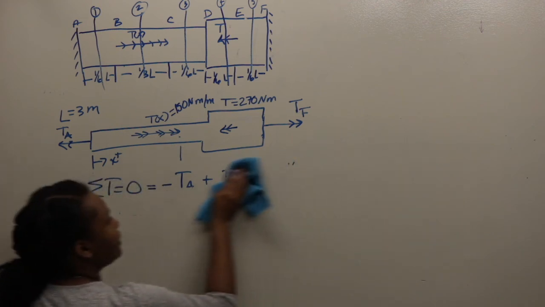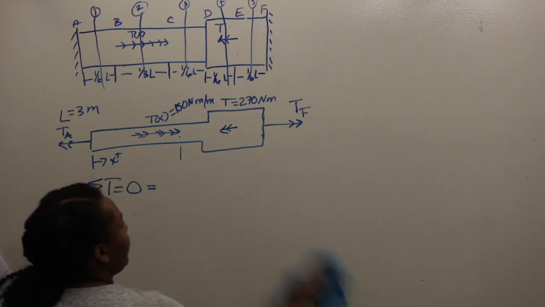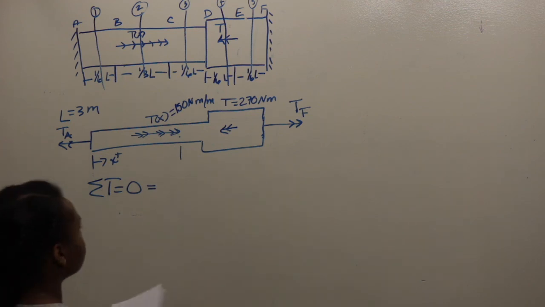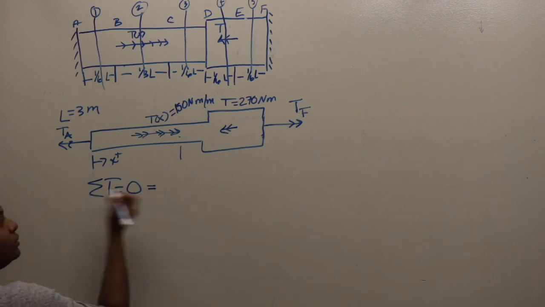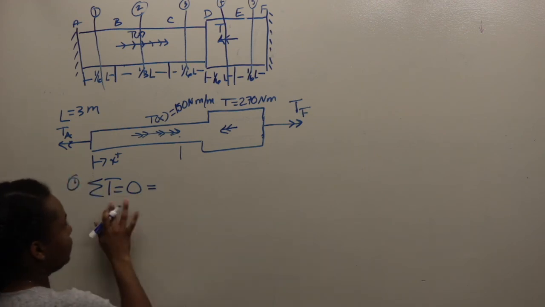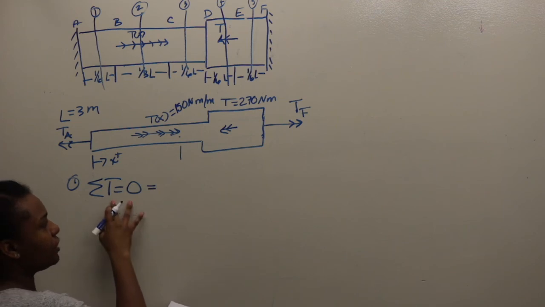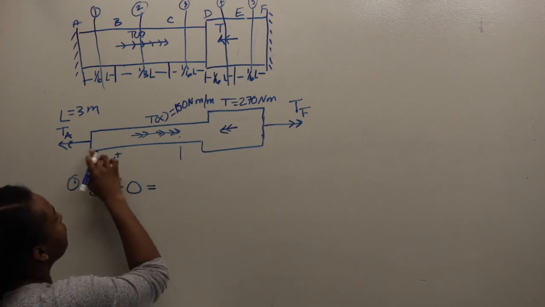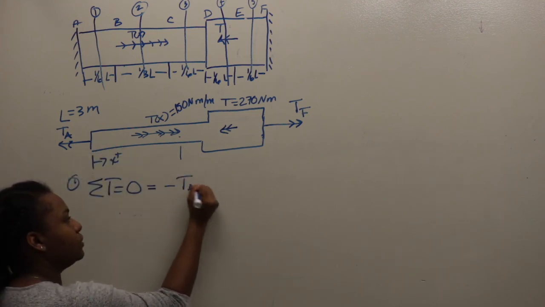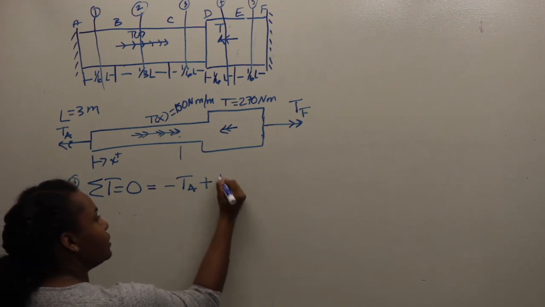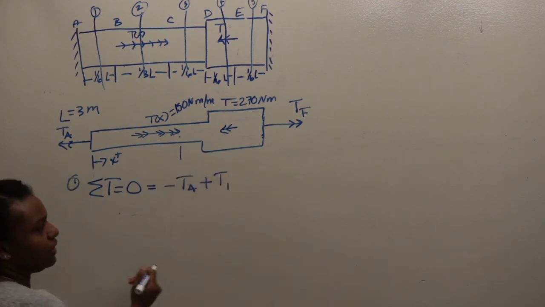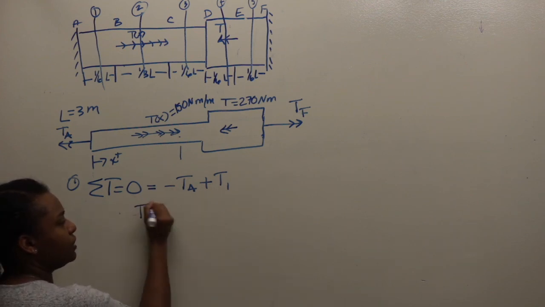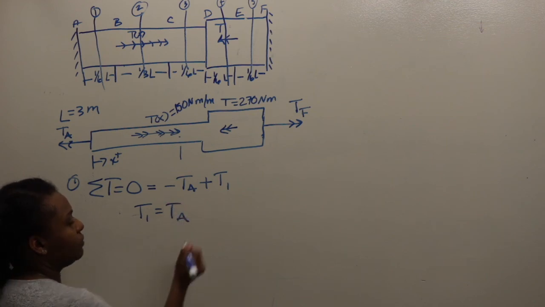To figure out what T1, 2, 3, 4, and 5 are. So for number 1, it's the equilibrium equation, torque. The sum of the torque should equal 0. So it will be negative TA plus T1, because T1 is going in the positive x direction. All of our reactive torques are going in the positive x direction. And if you rearrange this equation, T1 equals the reactive torque.